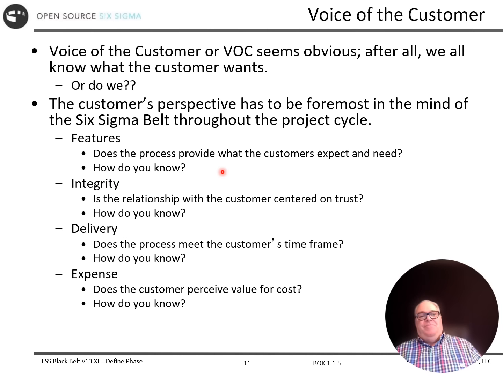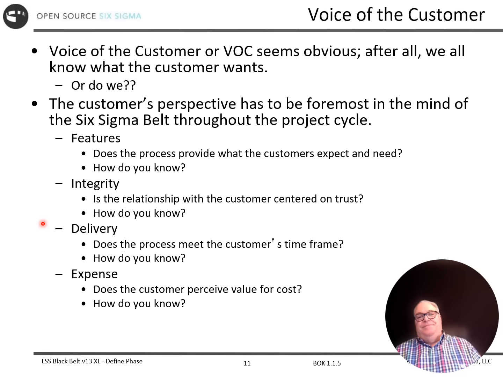From an integrity perspective, do customers trust that you will deliver on time and to the correct quality level? Do we have an established relationship with our customer base, where they come to us because we have operational integrity to give them what they want consistently over time?